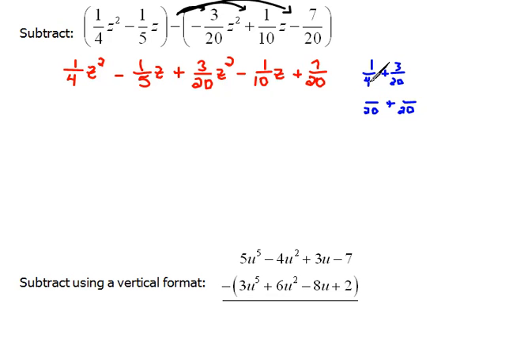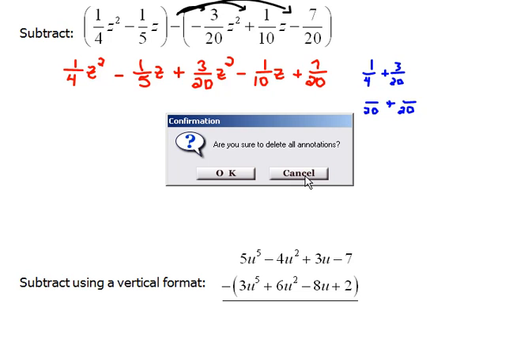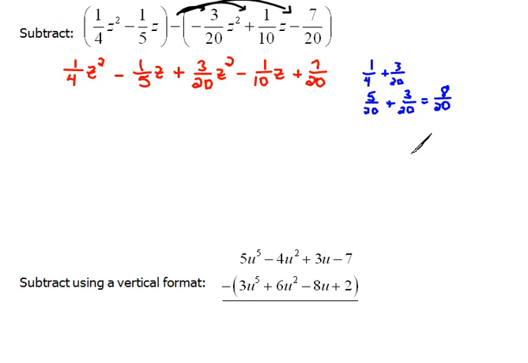If I multiply the 4 times 5 to get 20, we have to do the same thing to the top. So our fractions then would be 5/20 plus 3/20, which is 8/20. Now that will reduce down. 4 goes into the numerator and the denominator. So we have 2/5 z squared. Now we're done with the z squareds.